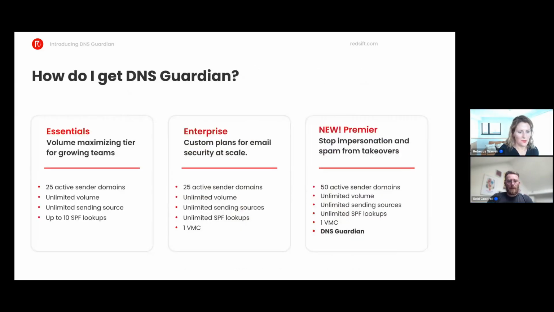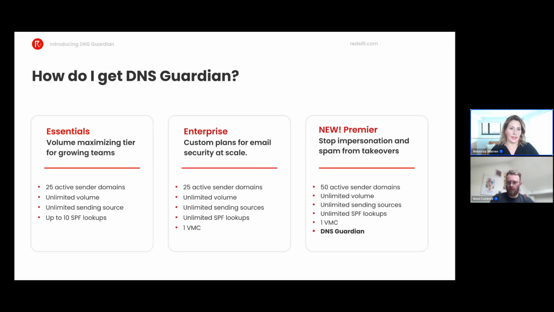Awesome. Well, I know we've gotten a ton of questions on this in the chat, so we're finally getting to the big reveal of pricing and packaging. As Faisal has shared in the chat, DNS Guardian is available through a new tier of Red Sift OnDMARC. We have Essentials and Enterprise, which a lot of folks are familiar with, but we've recently, alongside this launch, introduced Premier.